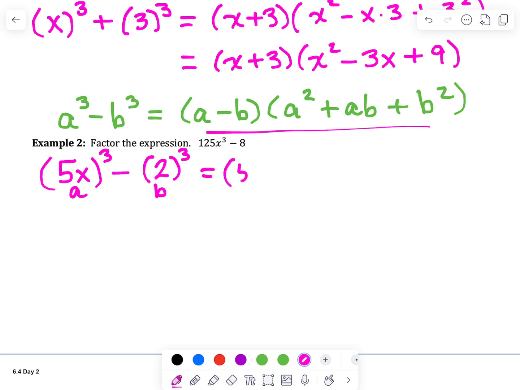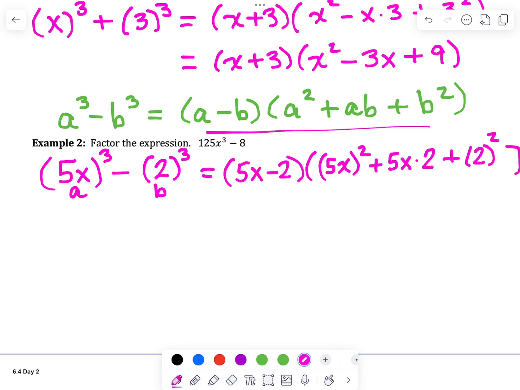So 5x minus 2, and then the second parentheses. Be very careful, it's going to be a squared, or 5x all squared, plus 5x times 2 plus 2 squared.